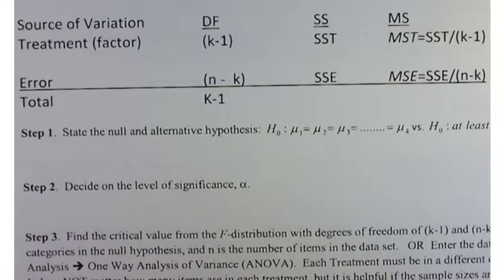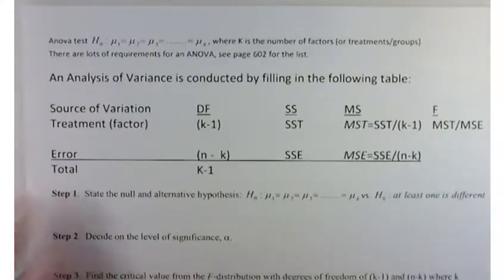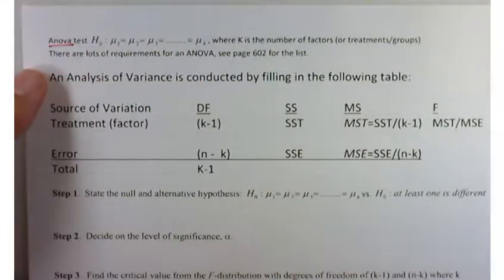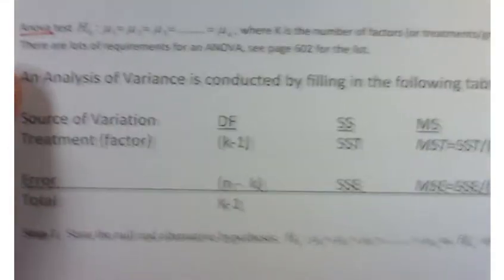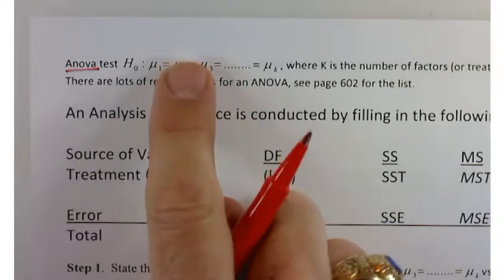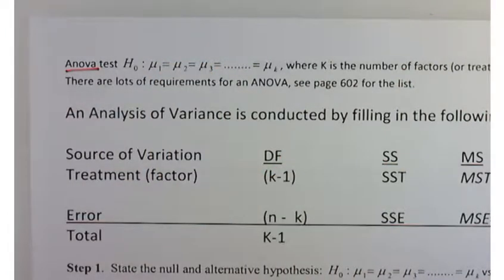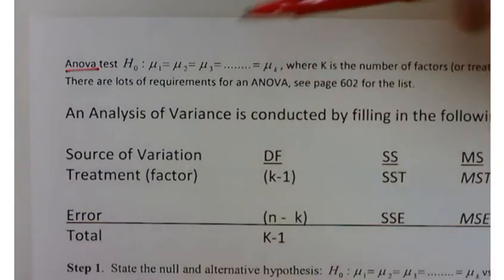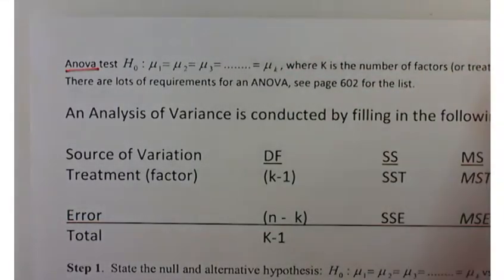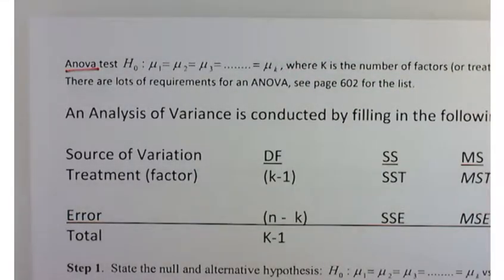So analysis of variance has a very clever acronym. It's called an ANOVA. So in an ANOVA test, this is your null hypothesis, that the mean from group 1 is equal to the mean from, perhaps I should say, population 2, is equal to the mean from population 3, etc., all the way up to k, where k is the number of populations that you're comparing. So all these are equal is your null hypothesis.